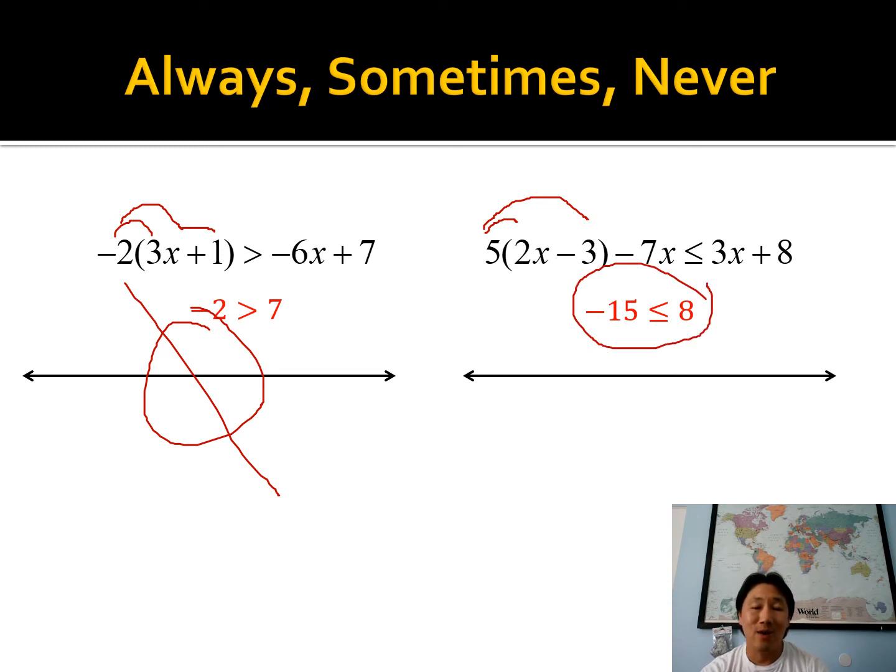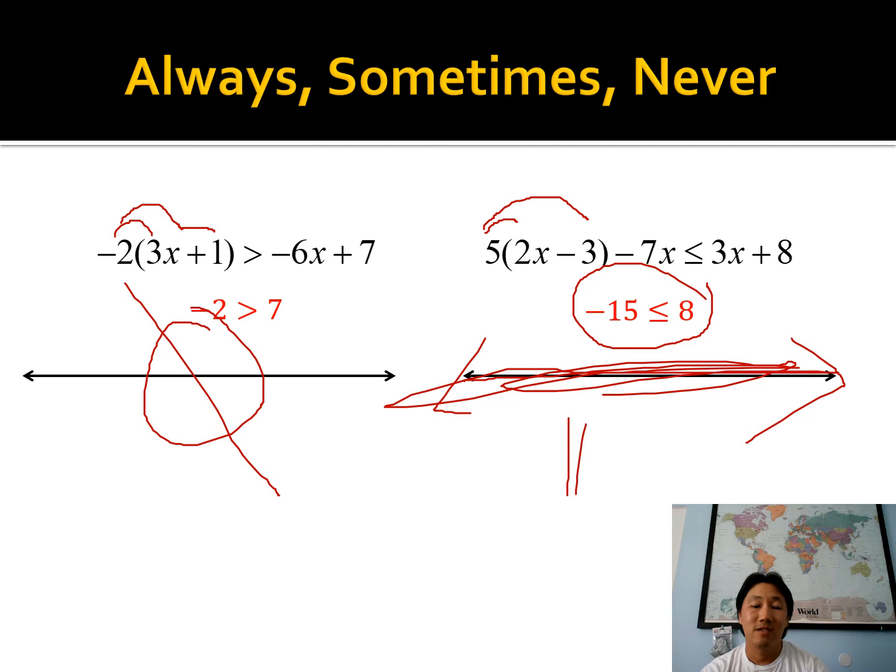And that is always true. All right, so when you have always true, then you're going to go ahead and highlight the entire line, and then the answer is all real numbers. All right.